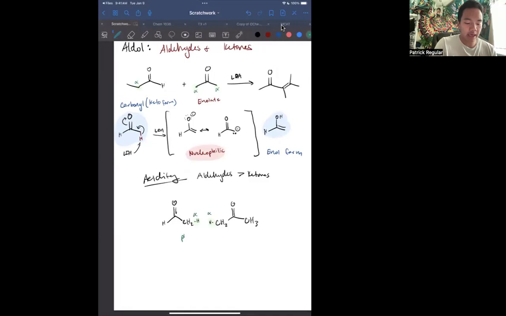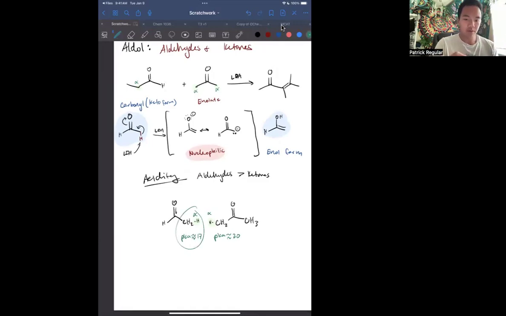This is going to have a pKa of around 17. This is going to have a pKa of around 20. So this is 3 magnitudes, or 10 to the 3 times more acidic than a ketone.